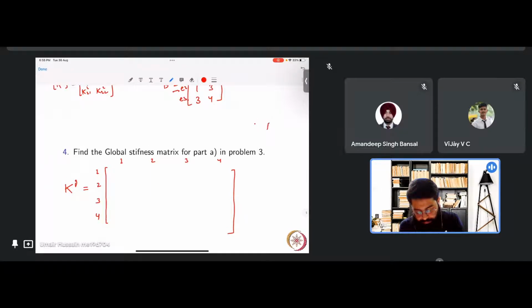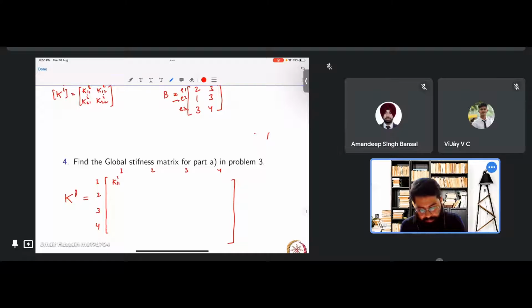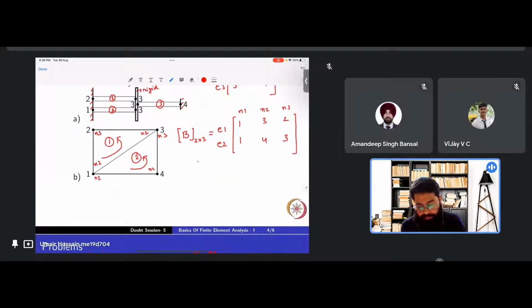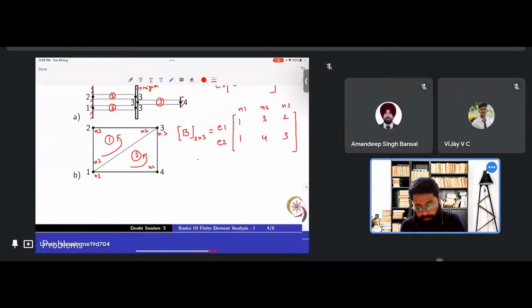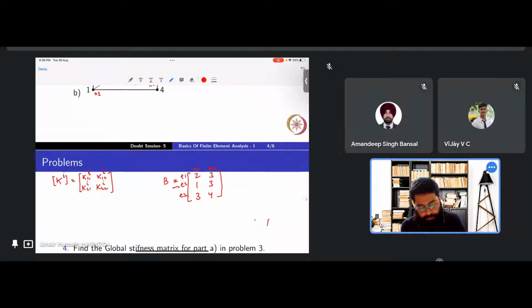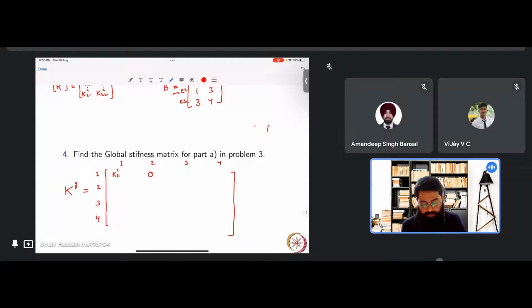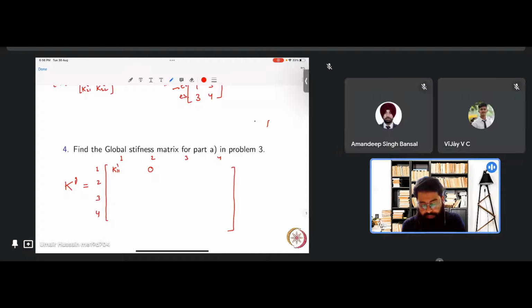So 1:1 would be K1 1 1, and 1 2. Do we have any contribution in 1 2? No. Because we don't have any connectivity between node 1 and 2, we get 0 in this.